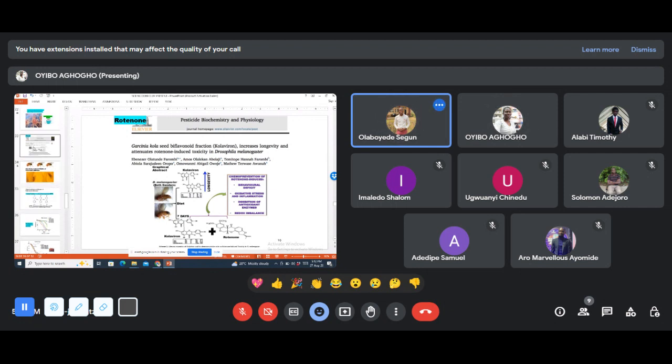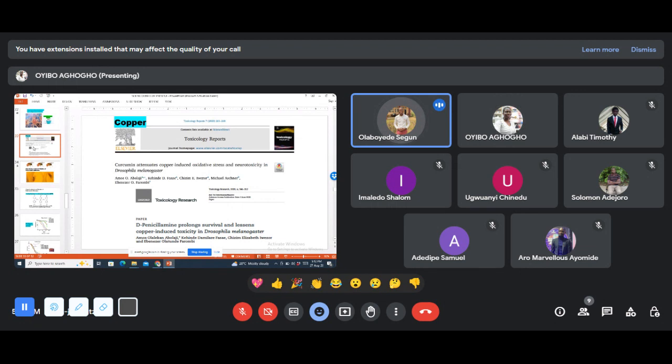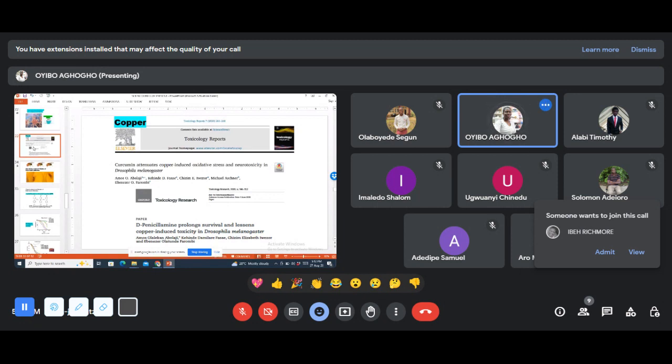Copper, yes, copper. When they try to mix with copper, imagine. Okay. So toxicants that can induce oxidative stress, and this work was done in our laboratory with the MSc student.